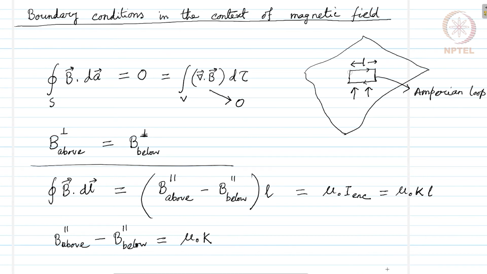Remember, in case of electrostatic field, we had the discontinuity in the perpendicular component and the parallel component was continuous. Here it is the other way around, the perpendicular component of the magnetic field is continuous and the parallel component experiences a discontinuity.